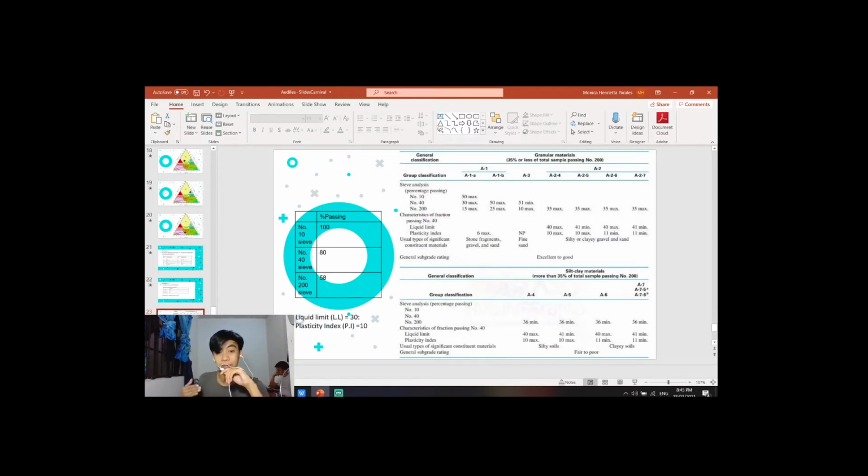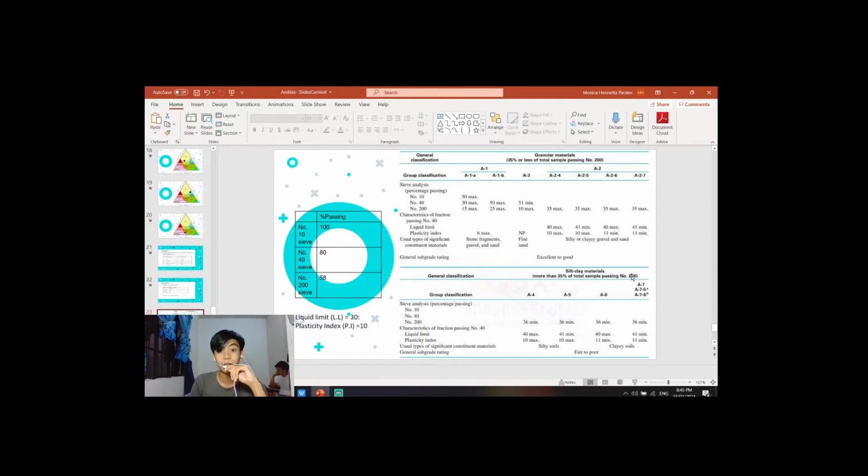So, una, hanapin natin yung general classification. Madali lang to. Titingin lang tayo sa number 200 sieve. Ilan ba? 58%. So, dito pa lang, 35% or less of total sample passing number 200 sieve, then more than 35% of total sample passing number 200 sieve.